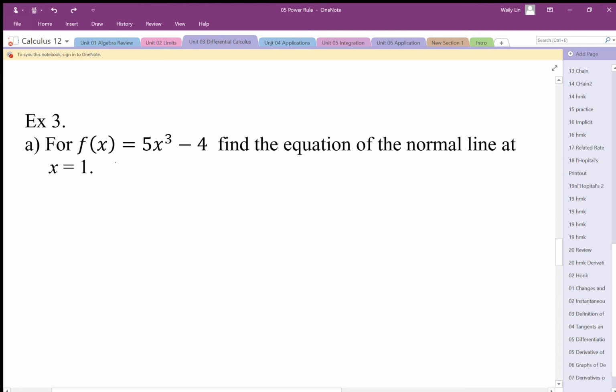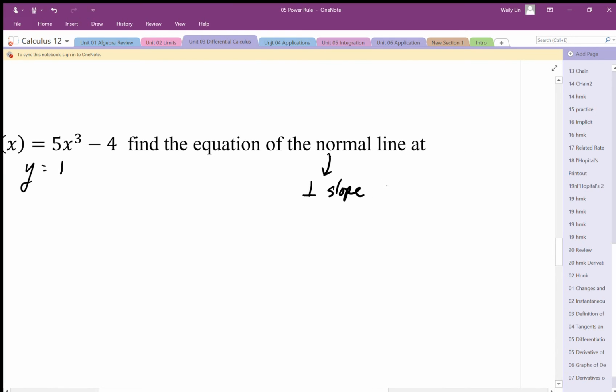So when I plug in x equals 1, I get 5 times 1 cubed minus 4. That's 1. I need the slope now because I need the equation of the normal line. So normal means perpendicular slope. I want the negative reciprocal slope of the tangent. So I'm going to write perpendicular slope of tangent line.